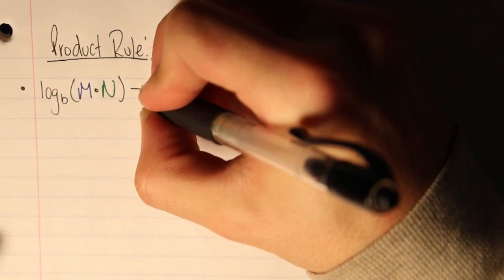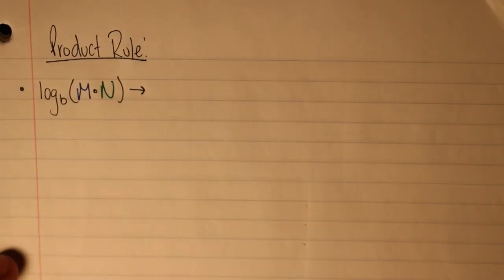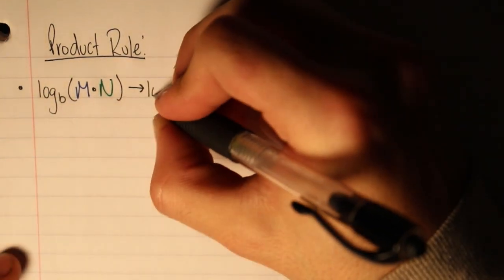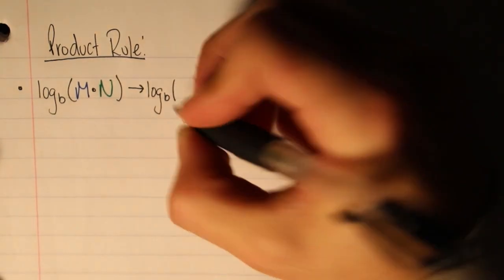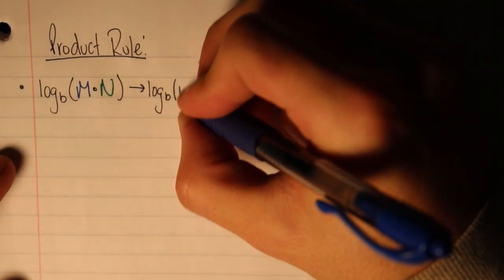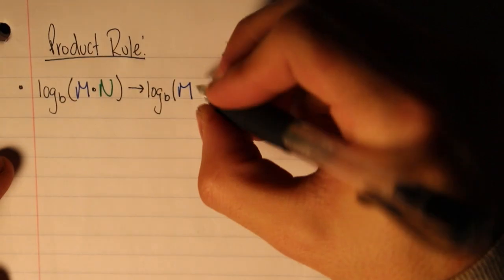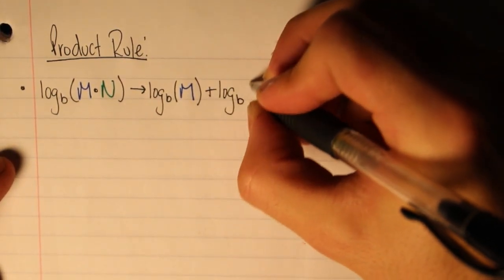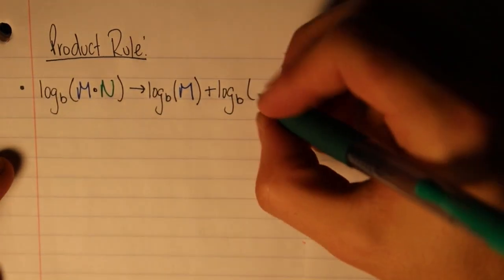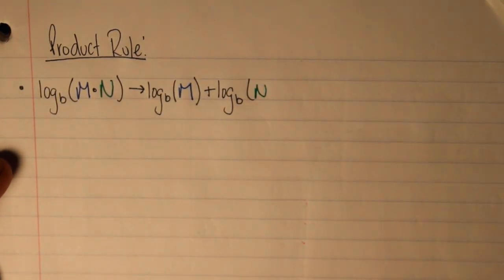We can then split that logarithm up. We keep the same logarithm base, and all we do is separate that m and add it to that n. Okay, that's all we're doing here.